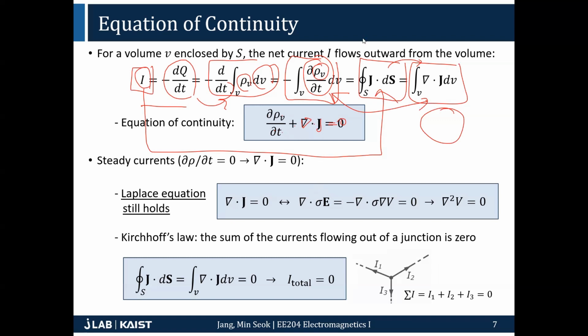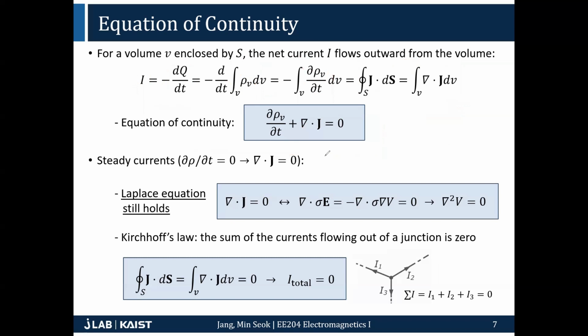Why is this called the equation of continuity? If you have some small volume, and let's say your d rho/dt is negative, so charges are disappearing here. Then of course there should be a current flow associated with it, right?